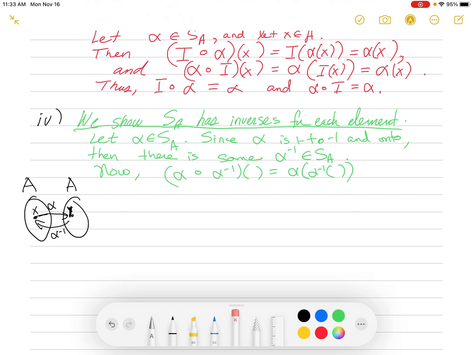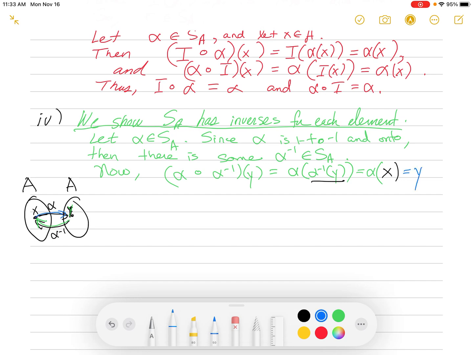No, I should be putting a y right here, rather than an x. I should be inputting a y. So alpha inverse, that's this one right here, is taking y to x. So alpha inverse of y is going to be x.